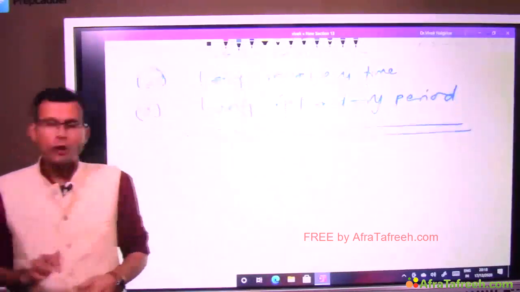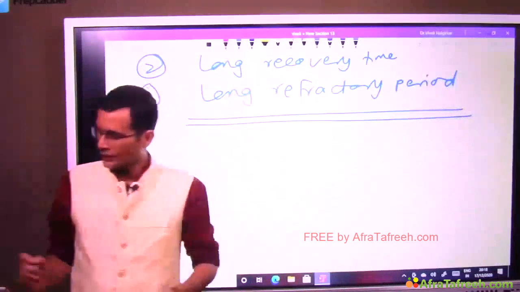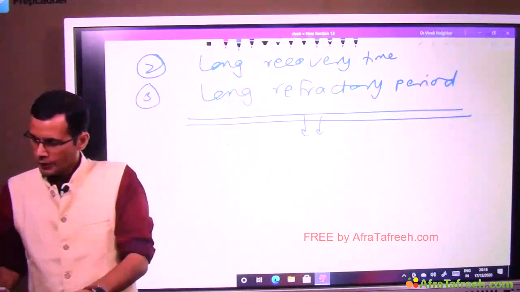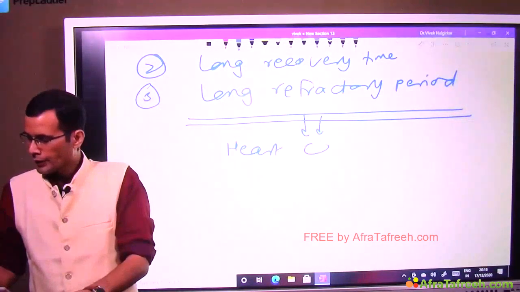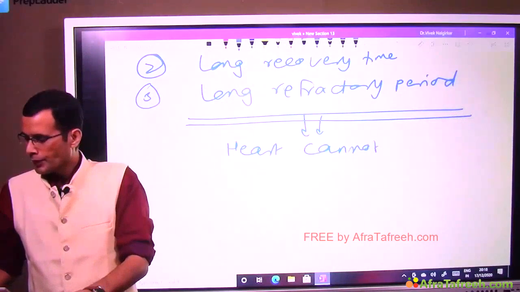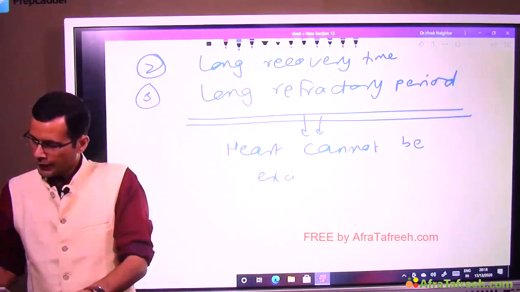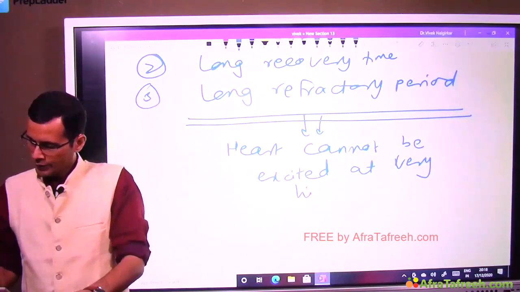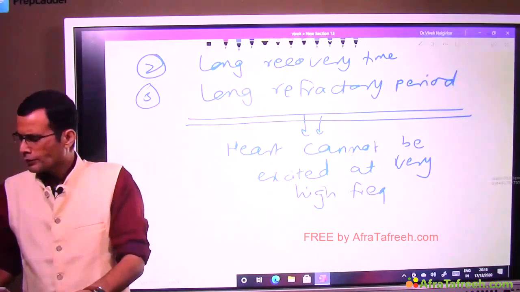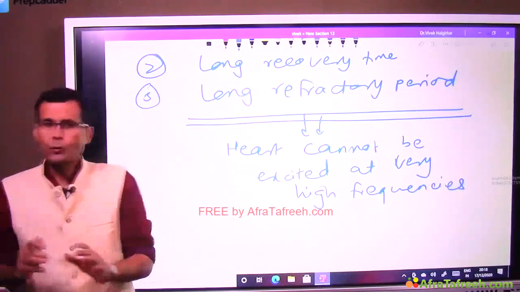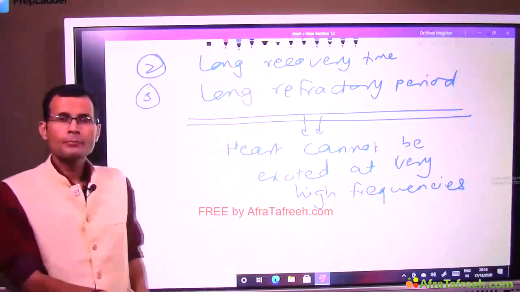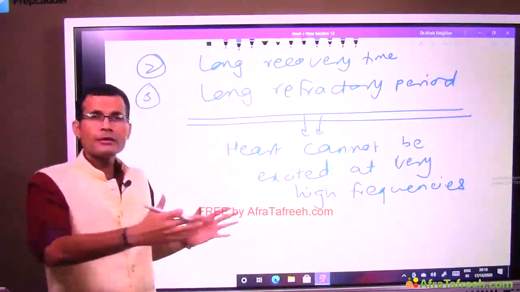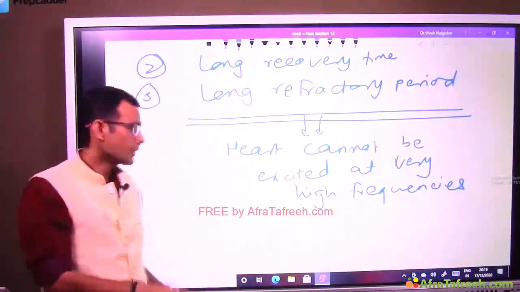So, a long refractory period, how is it beneficial? It means, therefore, the heart cannot be excited at very high frequencies. Because only when the refractory period is over, the heart can be excited again. So a long refractory period means a long wait for the next excitation.